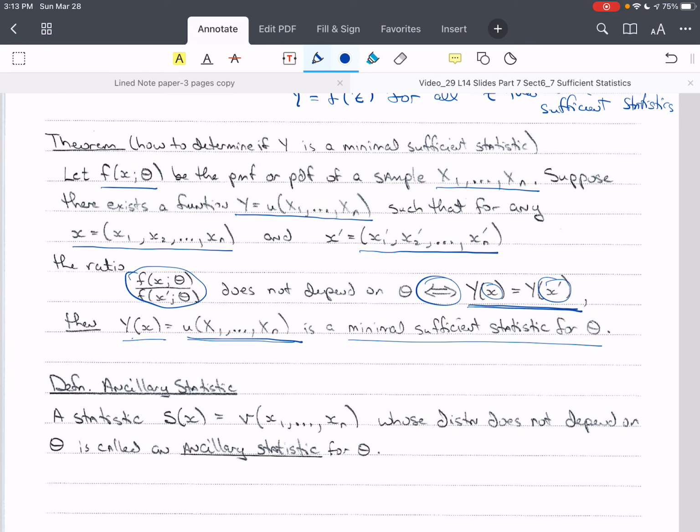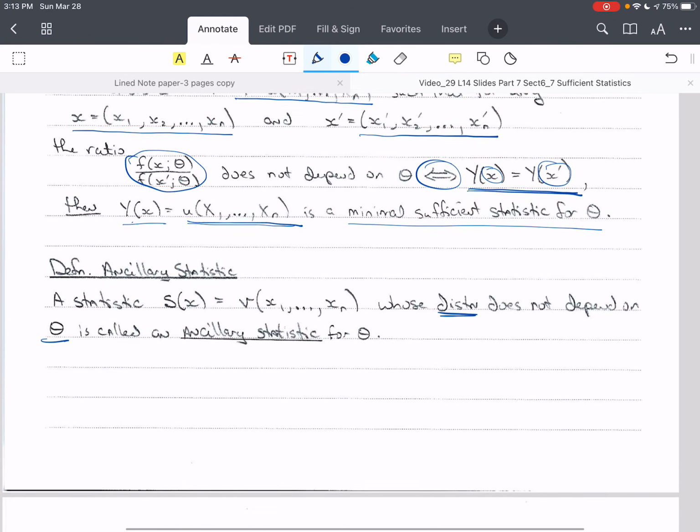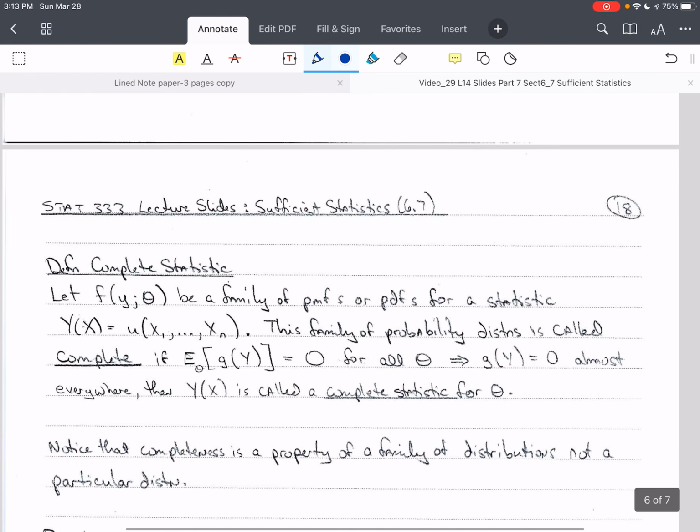So a statistic s of x, which is a function of the random sample, whose distribution does not depend on theta, the distribution, okay, not the statistic, but the distribution of the statistic. If it doesn't depend on theta, then it is an ancillary statistic for theta. Okay. Now we come to the definition of a complete sufficient statistic.